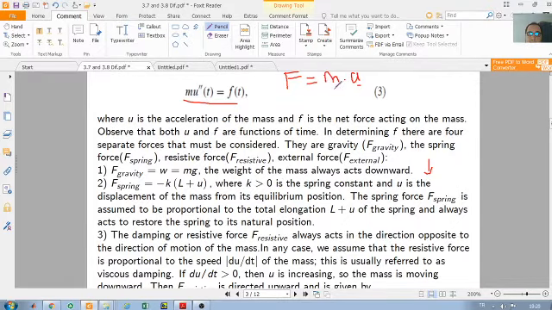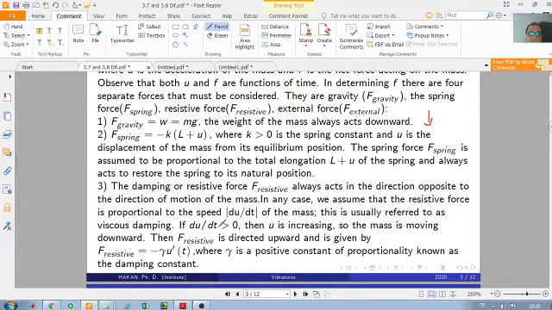Here, L plus u is the length of the spring. The spring force is assumed to be proportional to the total elongation of the spring and always acts to restore the spring to its natural position.